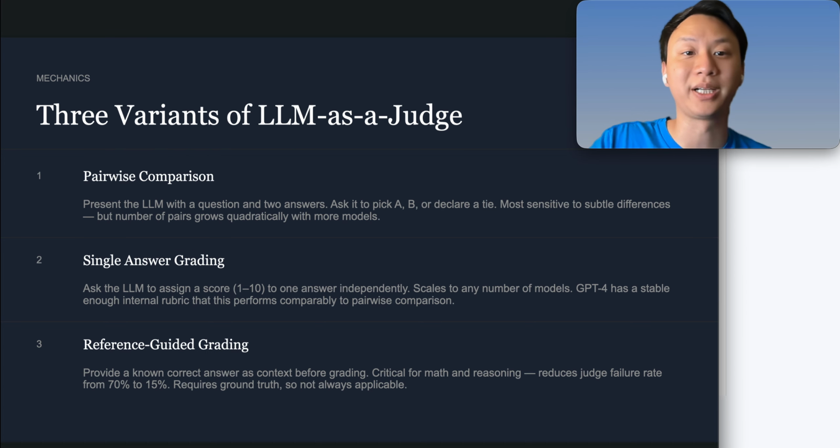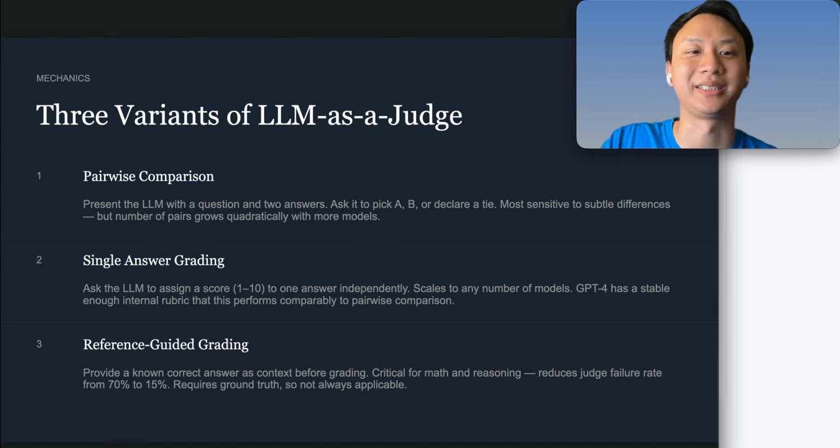And so when it comes to LLM as a judge, there are three different variants that are often deployed. The first one is asking an LLM judge to choose which of the two responses is better.